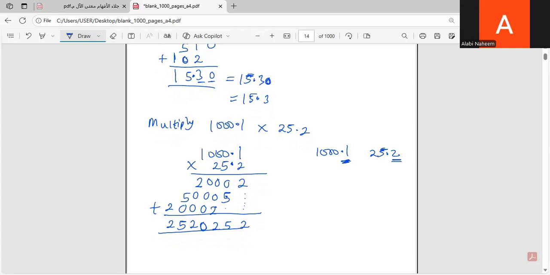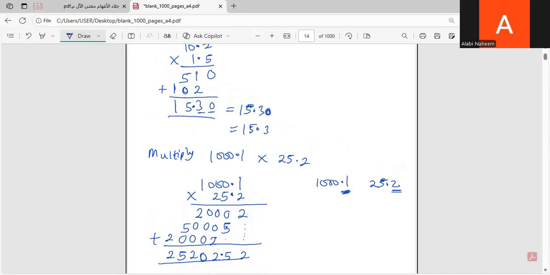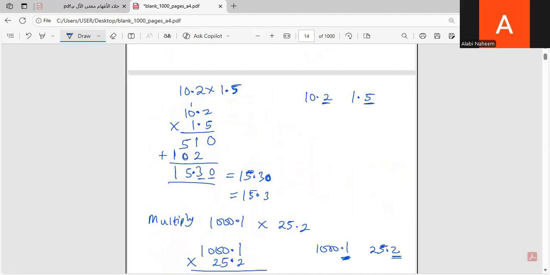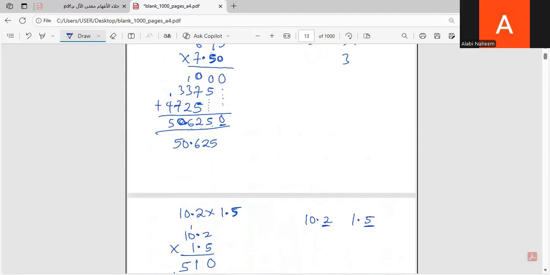So where do we place our decimal point? If we put it here, with two digits after it, we get 25202.52.